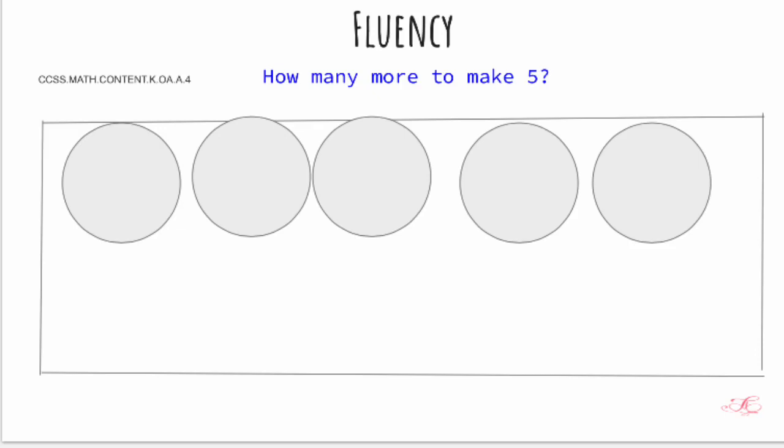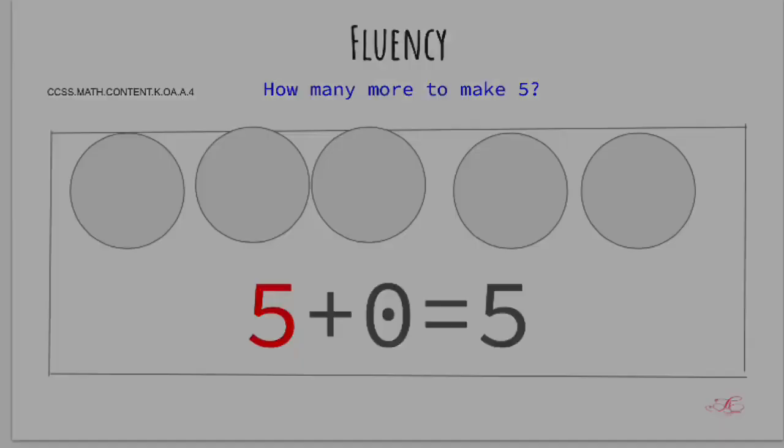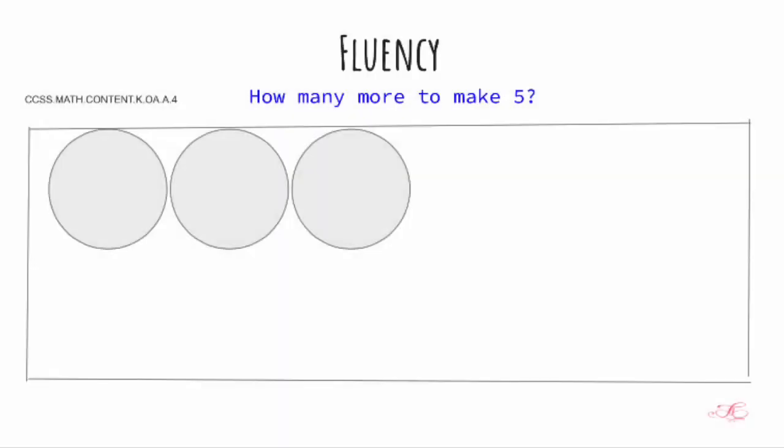How many more to make 5? This is a tricky one. How many do you have? You didn't need to add anything. 5 plus 0 equals 5. How many more to make 5?